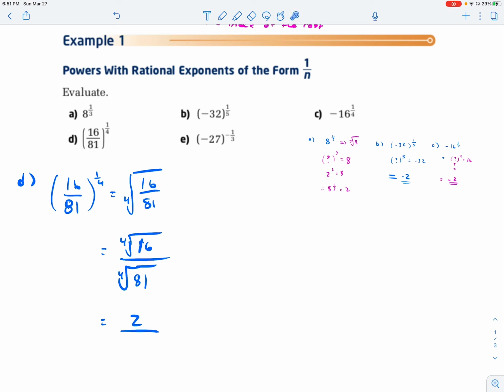What number times itself 4 times gives you 81? Well, 2 times itself 4 times is 16. You could then try 3. 3 times 3 is 9. And then times another 3 is 27. Times another 3, 81. So that's just going to be 3 there.